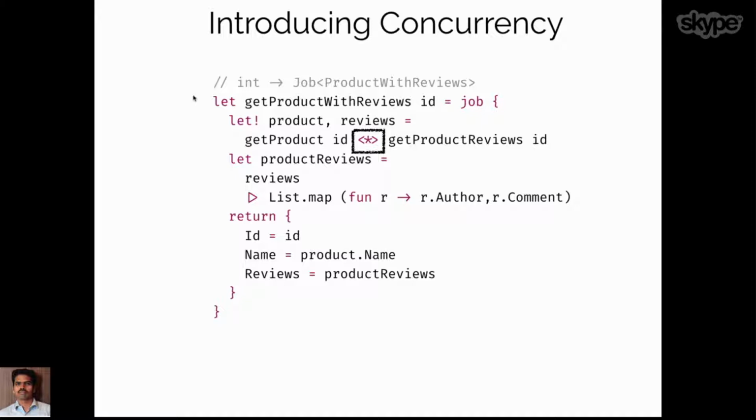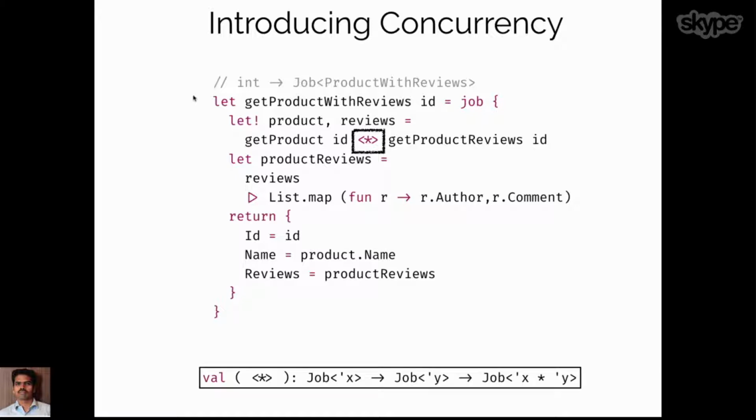What we are doing here is telling the Hopac library, hey, we want these two things executed in parallel and give me the results back. This infix operator takes 2 jobs and returns another job, which is a tuple of the first and second results. Once we got the results back, we mesh the things together and return it. And just by introducing a single operator, we made things faster.